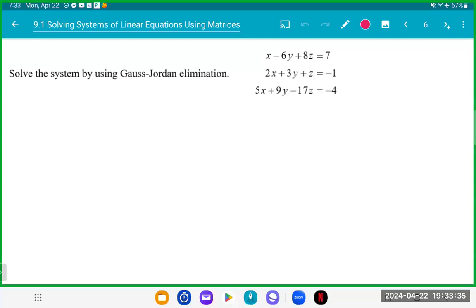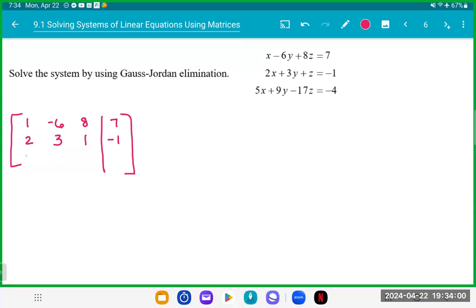All right. So the first thing, though, we do need to do is let's build it. So we have 1, -6, 8, 7. Then we have 2, 3, 1, -1.